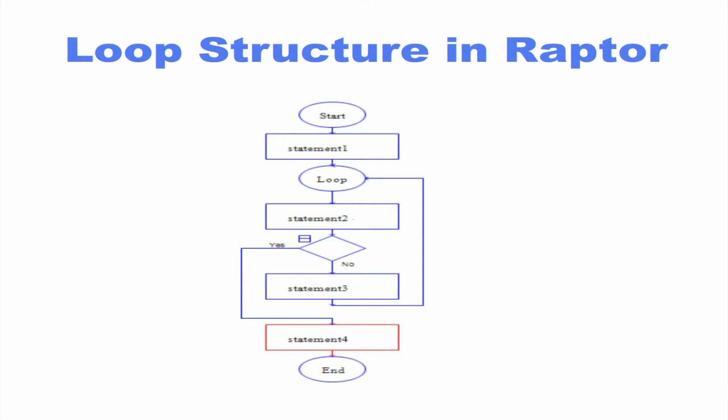If the decision expression evaluates to no, then control passes to the statement 3 and the statement 3 is executed next. Then control is returned back to the loop statement which restarts the loop. Note that statement 2 is guaranteed to execute at least once and statement 3 may or may not be executed.